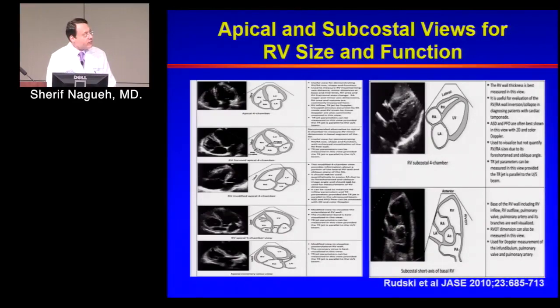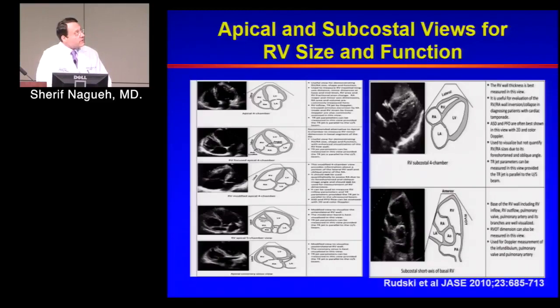But its advantage is that it shows you the free wall and you can appreciate what is happening in the free wall in terms of performance. Also, if you are going to look for interatrial shunts, that's a good view to use when you give agitated saline contrast. It shows you the tricuspid valve leaflets. You can look at the tricuspid regurgitation. But as far as measurements, this is not the view to use.